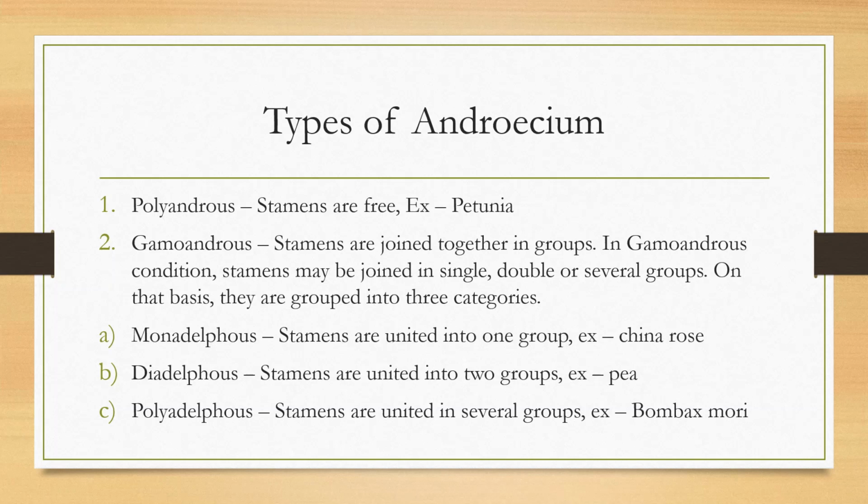Second category is diadelphous, where the stamens are united into two groups, example pea or sweet pea. Then third category is polyadelphous, where the stamens are united in several groups. An example is Bombax mori. So altogether there are four types of androecium: polyandrous, monadelphous, diadelphous and polyadelphous.